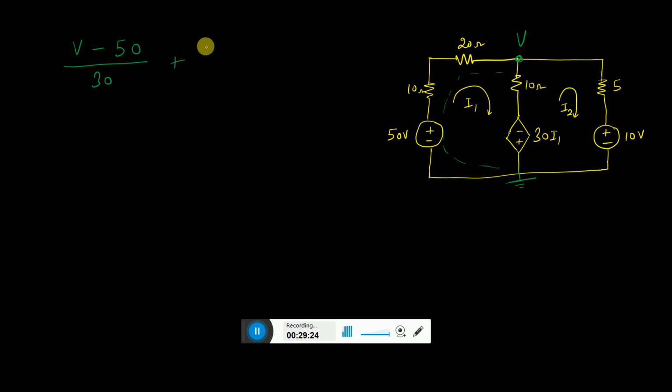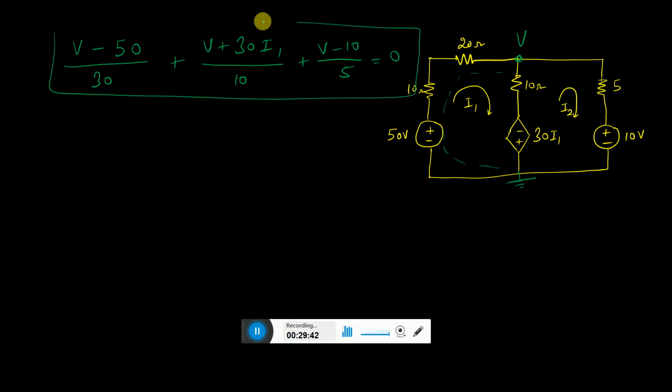So you can write here V plus 30 I1 divided by 10, where 10 is that resistance, and here it is V minus 10 by 5 is equal to 0. So you have got this one big equation ready for the solution.